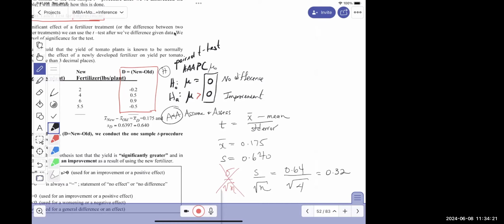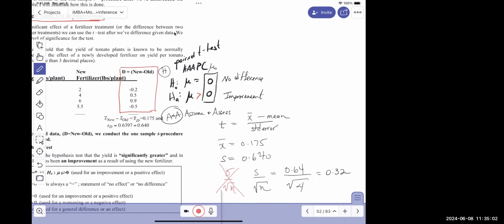So what I had to do was create the new data set, calculate its mean, its standard deviation, and now I'm ready to apply or use them in conducting this test. All right, so I've already done H0 and HA. And we assume that this is t-distributed with how many degrees of freedom?